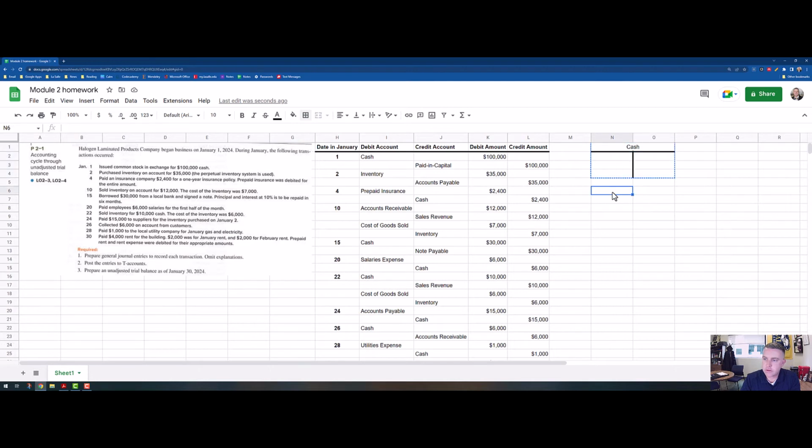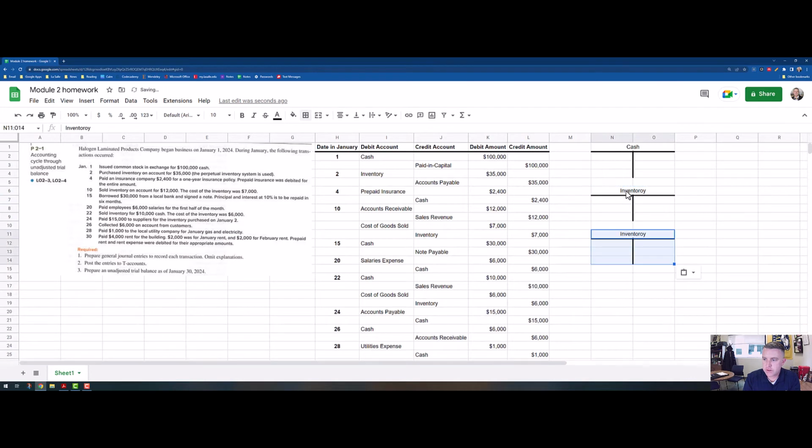So I'm going to say rent. This is going to be inventory. And then I'm going to say what? Prepaid insurance. Let's see. Then we got accounts receivable.